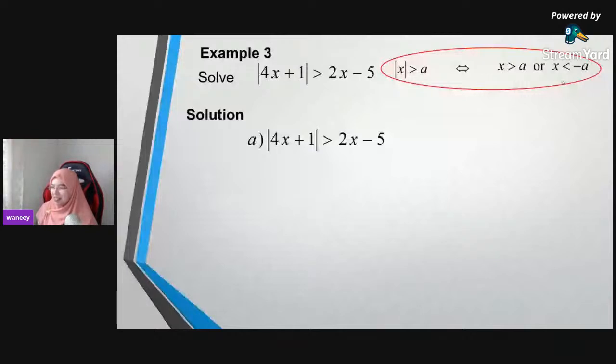Madam, jom main game ke? Amboi. Tak ada. Apa itu game? Saya tak tahu game. Salah, patutnya kena eja sini. Streamer Max.